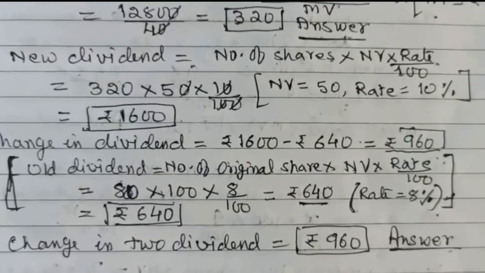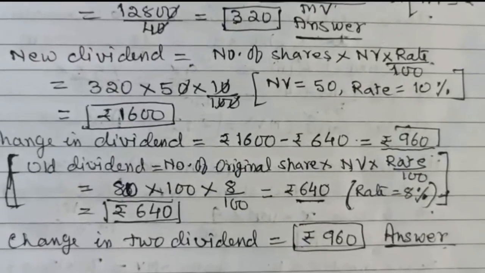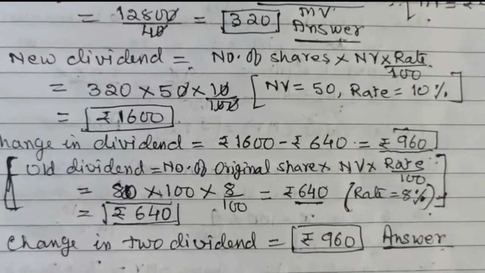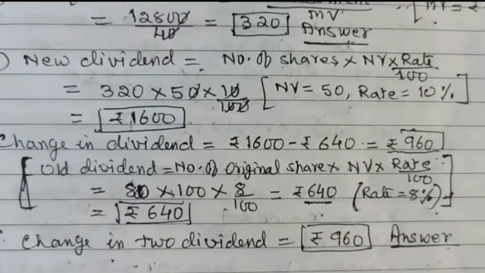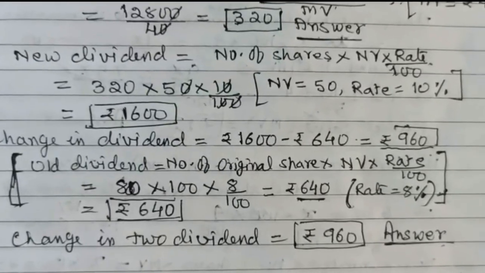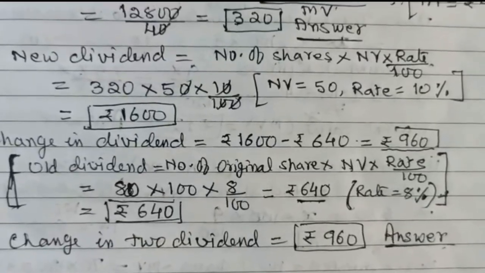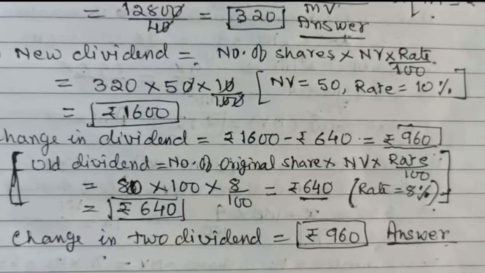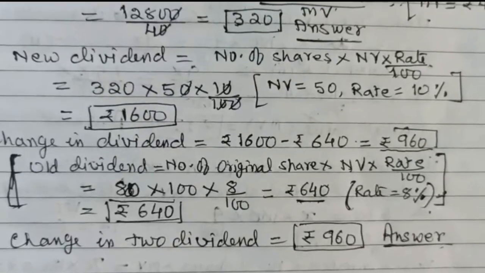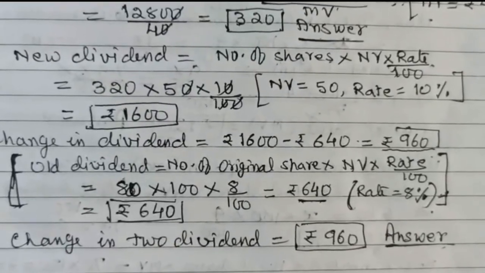So change in dividend will be equal to his dividend from the new share, that is rupees 1,600, and dividend obtained from the earlier share, that is 640.